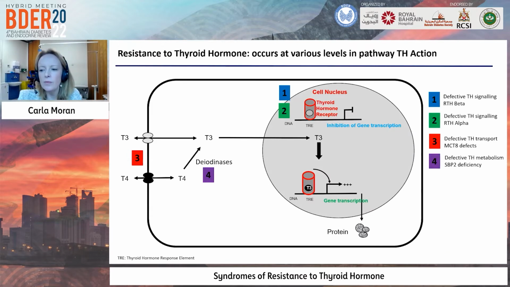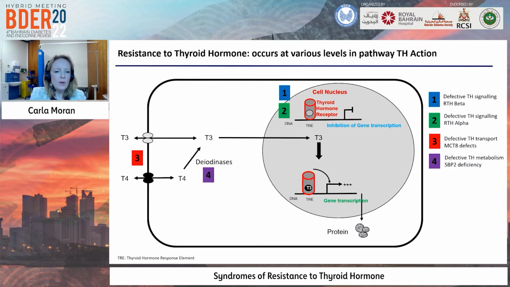When we think about resistance to thyroid hormone, this can occur at various levels in the pathway of thyroid hormone action. The resistance can occur at the level of the receptor itself, either due to defective signaling through the alpha receptor or the beta receptor. There can be defective signaling due to defects in thyroid hormone transport, and these are mostly MCT8 defects.